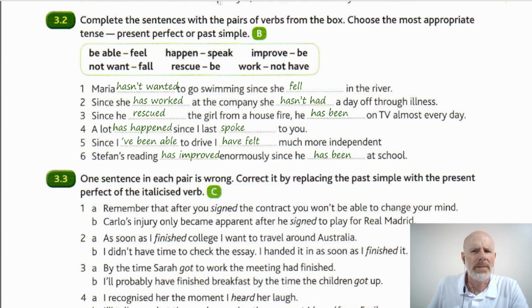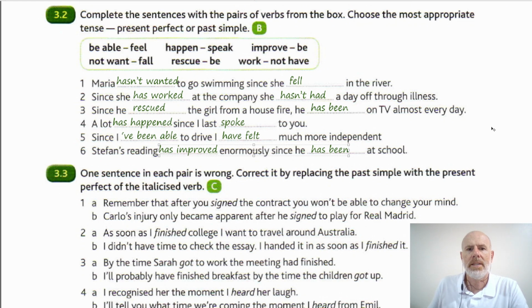Since he started at school, I would say it's okay. But if we have to use verb to be, since he was at school, no, he has been at school. That's how it works.